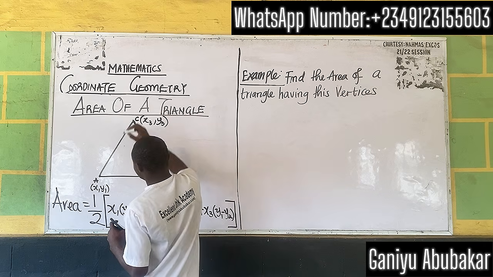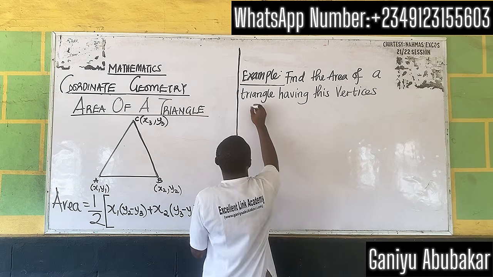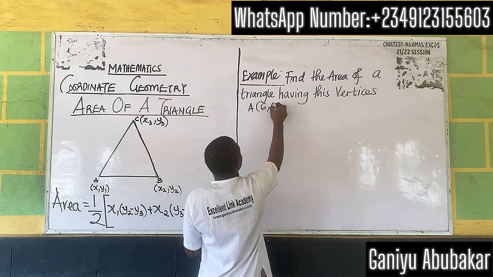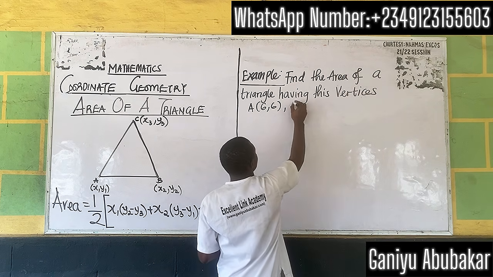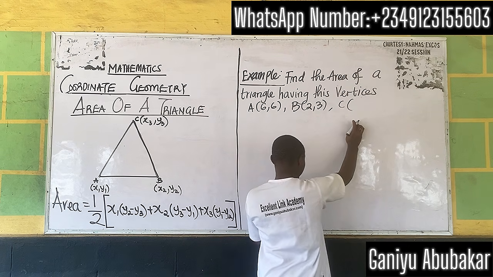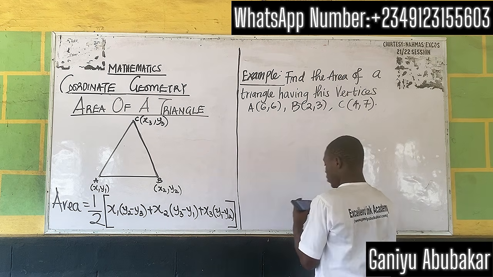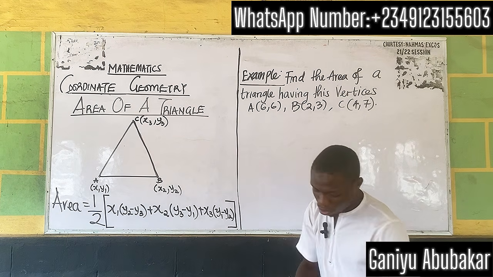This apex point, the vertex here. It says A is (6, 6), B is (2, 3), and C is (4, 7).